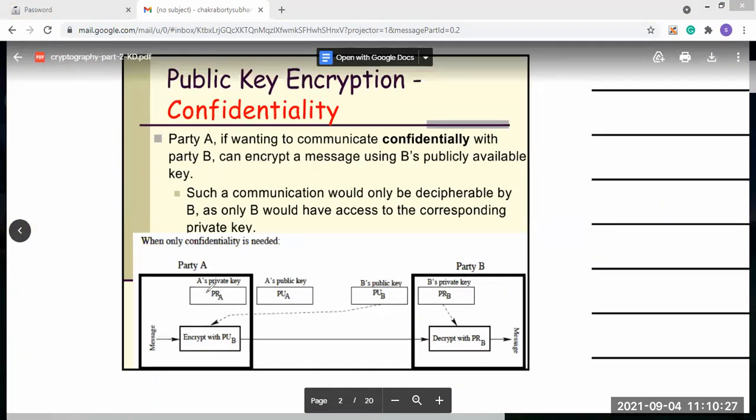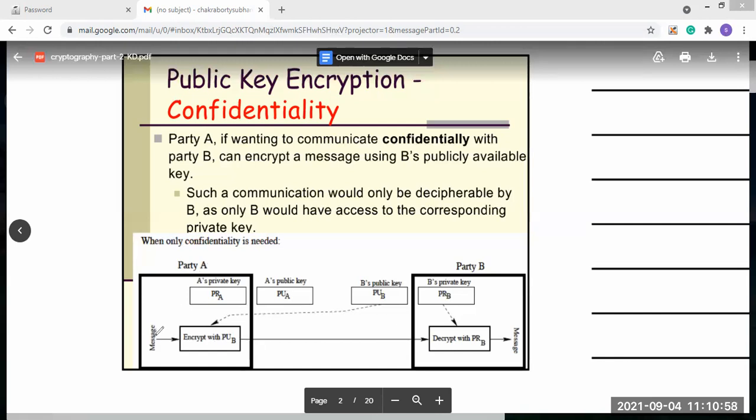Let's say this is party A and this is party B. A's private key is here, and between the private and public key, the public key is placed in the public domain. So A's public key is placed in the public domain, and party B's public key is also present in the public domain.